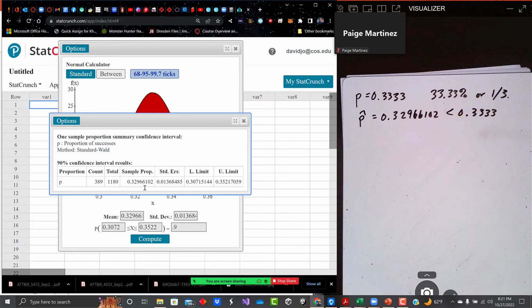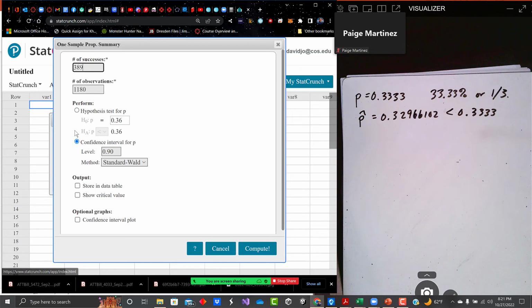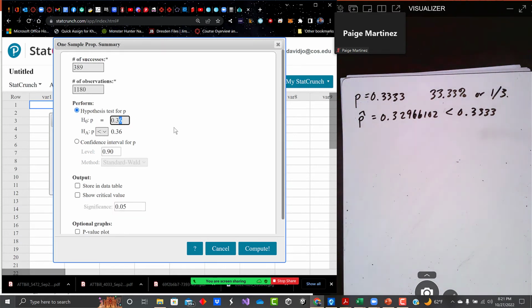What happens if we do the hypothesis test, though? Let's check it out. Change this to 0.33. And I hit compute.